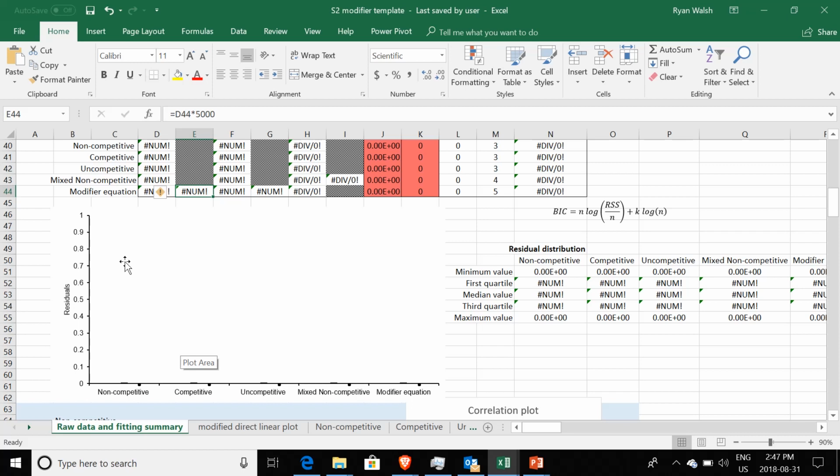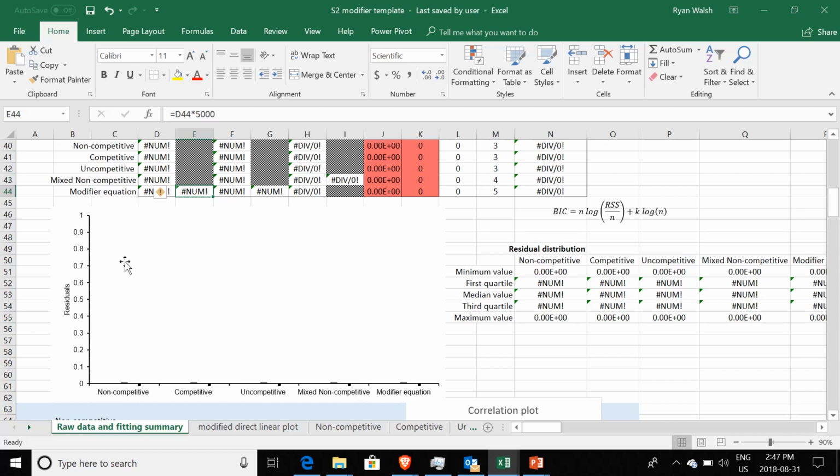But because there's going to be some that are positive and some that are negative, this is a way of visualizing the distribution of your error around 0, and it's a way of comparing the fit between the equations. You'll see some that have a big distribution of residuals, positive and negative, and you'll see some that are very small.